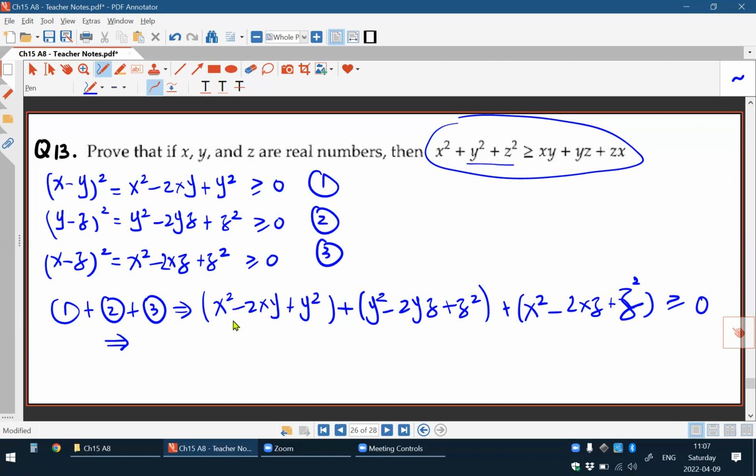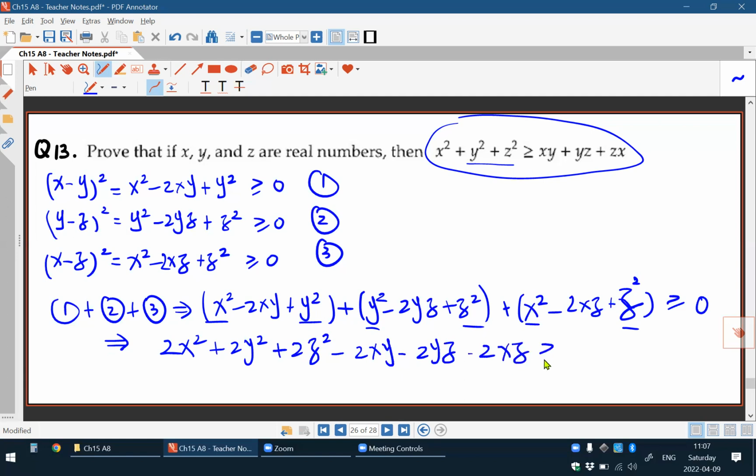Okay, so then we can try to simplify the left side. This will give you 2x squared, right? And 2y squared. Then 2z squared, right? Then minus 2xy minus 2yz minus 2xz greater than or equal to 0, right? Now can you see this is always correct? Yeah, divide by 2. Then we'll get x squared plus y squared plus z squared minus xy minus yz minus xz greater than or equal to 0, right?